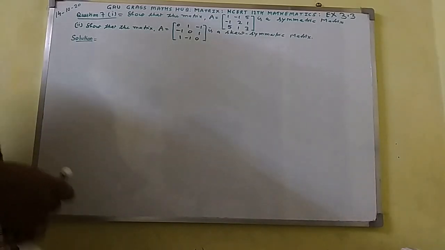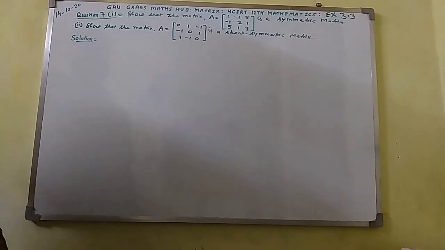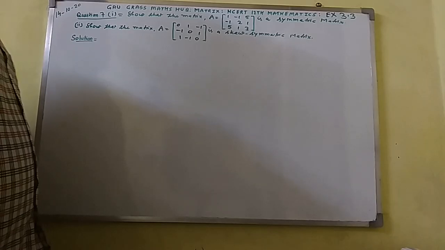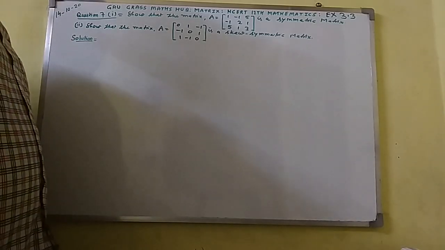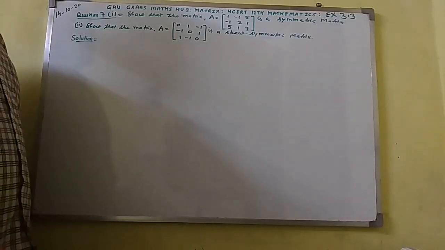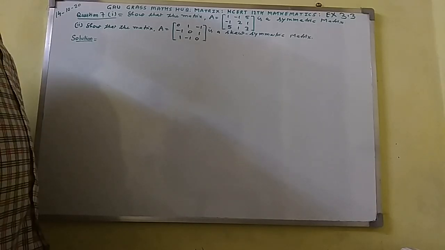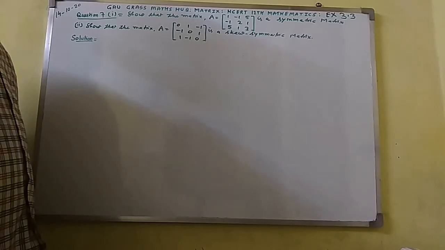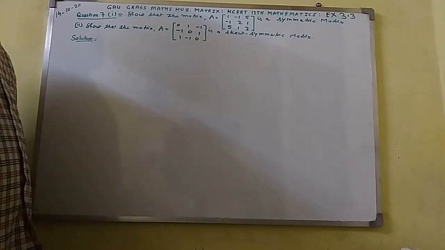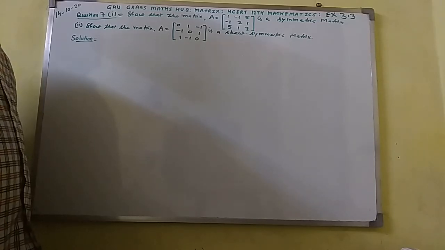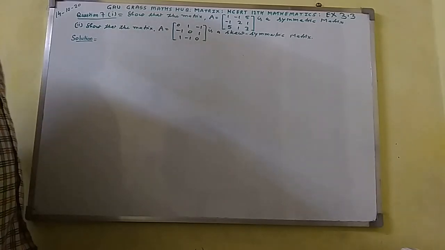That question is question number 7 Roman 1, exercise 3.3: show that the matrix A equal to [1 -1 5; -1 2 1; 5 1 3] is a symmetric matrix.